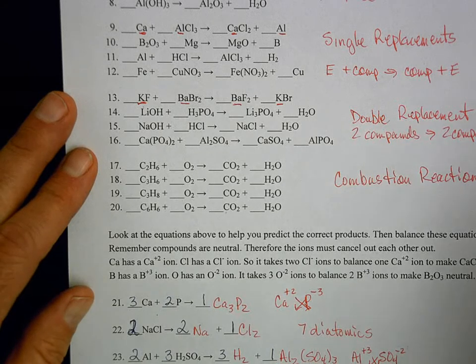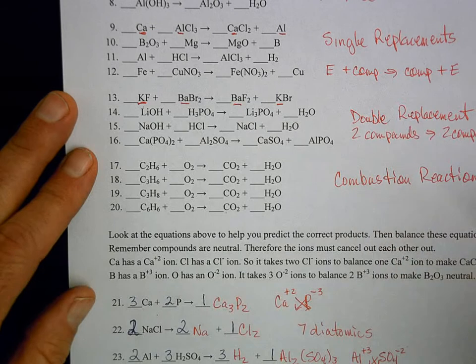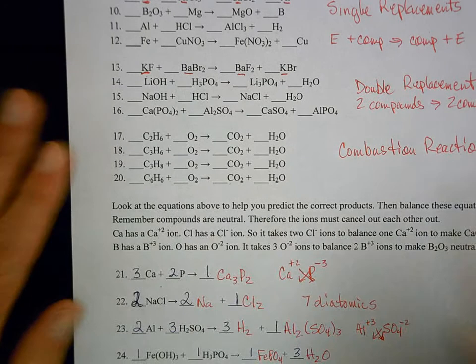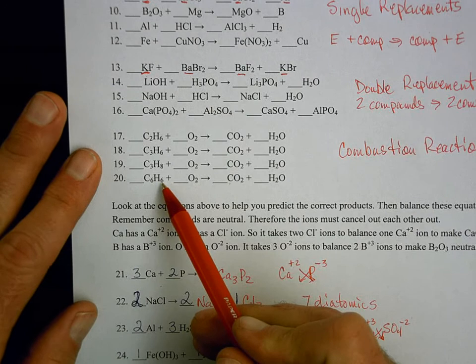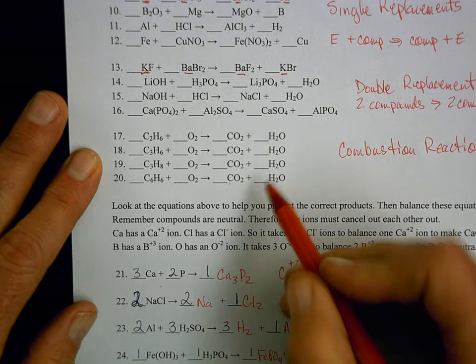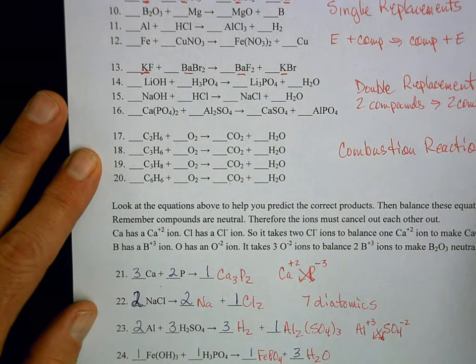Now, I mentioned earlier that we have to pay attention when we're balancing combustion reactions to what's going on with the hydrogens. And for example, if we look at the last one, number 20 there, and we note that half of 6 is 3, if we put a 1 right here in front of this, that would mean we would need a 3 here in front of the H2O so that they would both have 6 hydrogens.